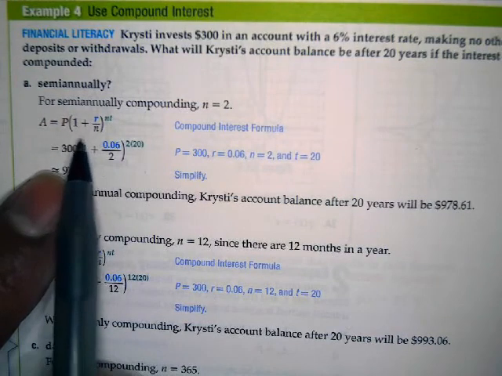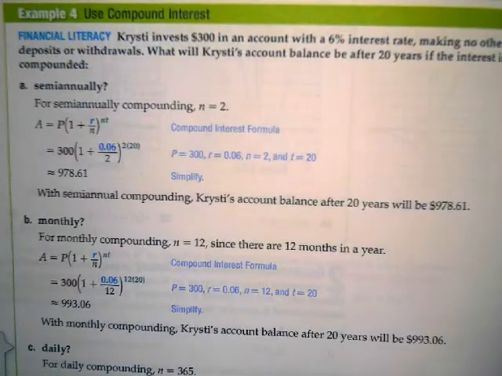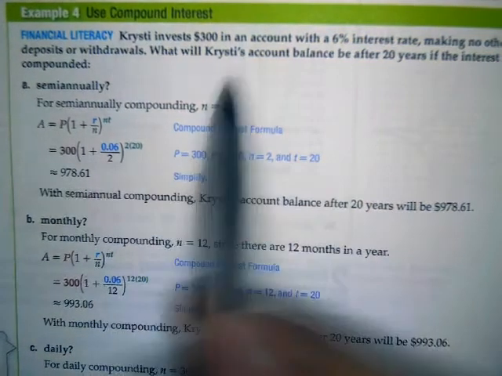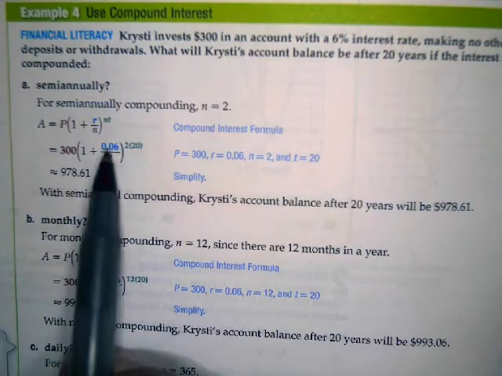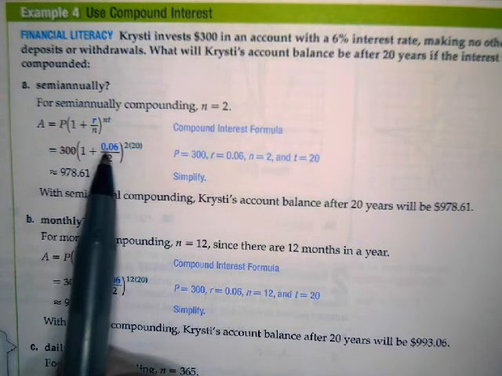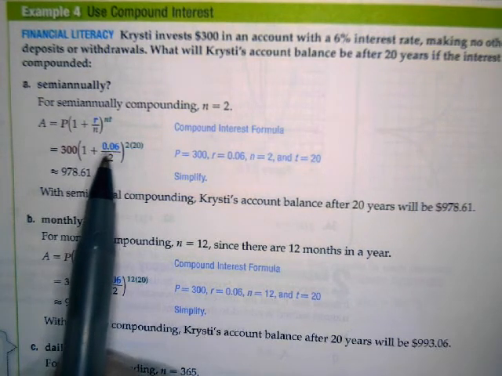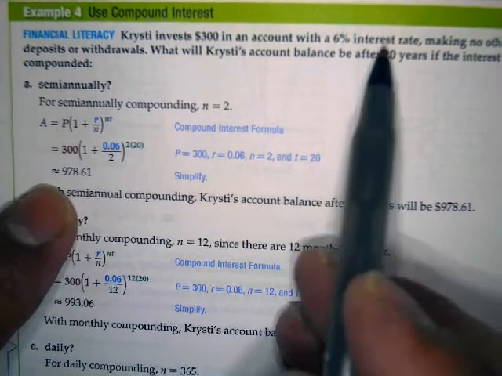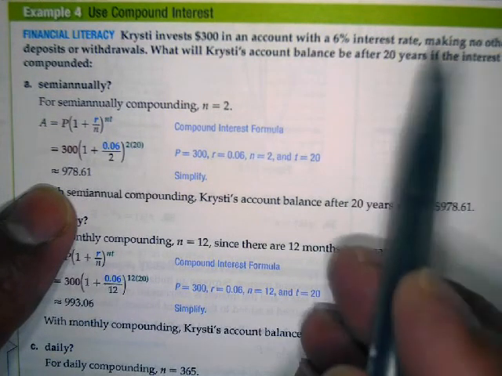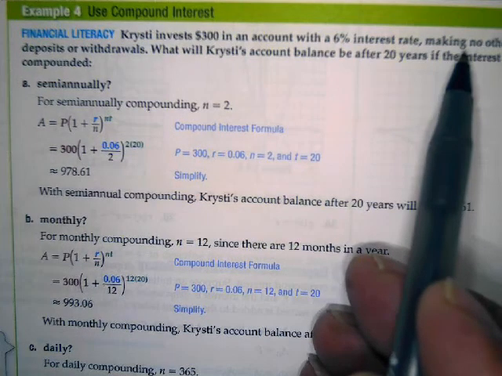So here it says, Christy invests $300. That's P. 1 stays there. Can you guys see that? The interest rate is 6%, so for the R, that's 0.06. Remember, change it to a decimal.